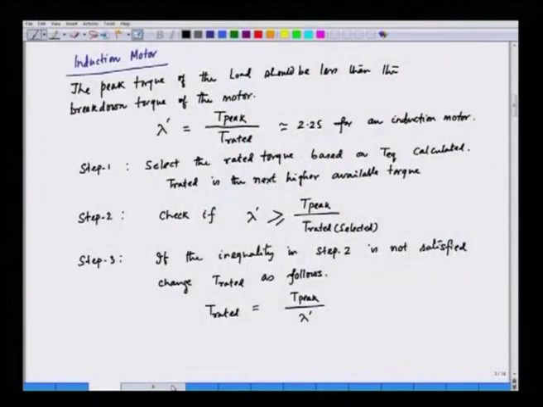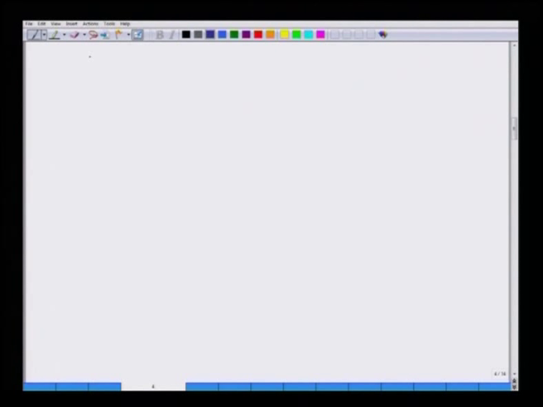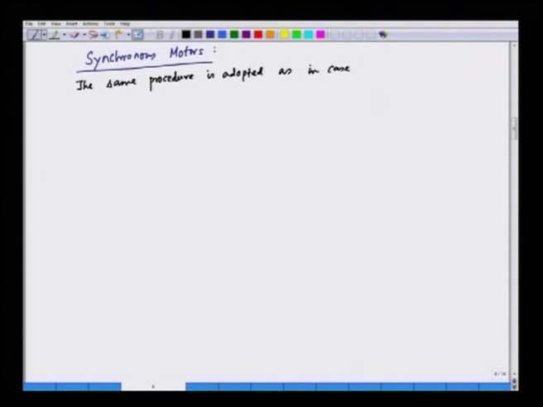So, what we can do here is the following, that in case of synchronous motors, the same procedure is adopted as in case of induction motors.